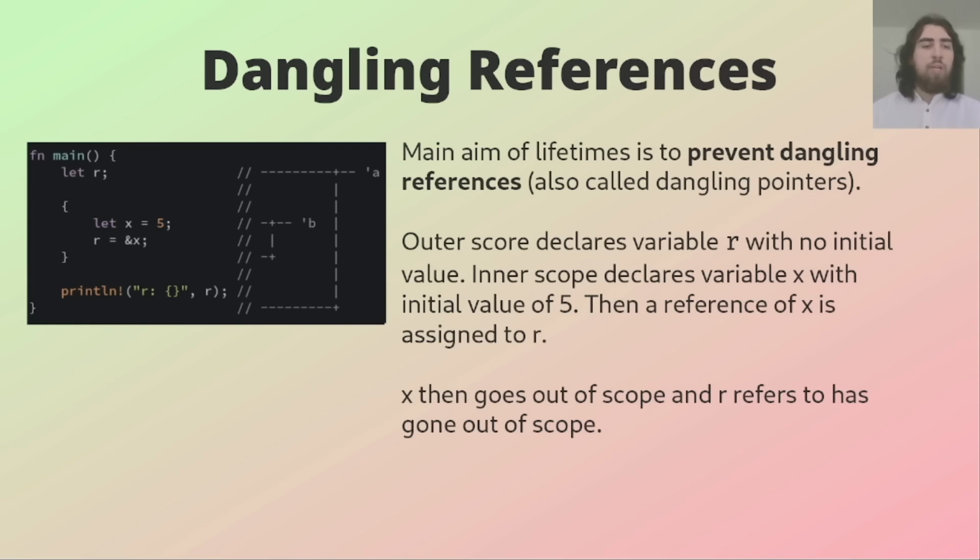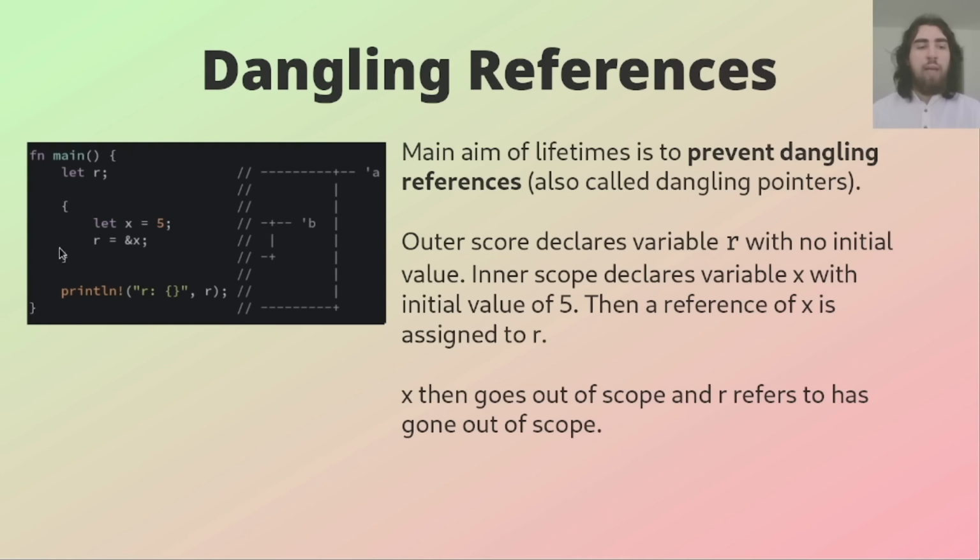So let's see, we are here in main and we declare a variable r. We don't initialize it with a value, just declare it. Meaning the compiler will infer a lifetime of a for this variable. And the lifetime a in this case is valid until the end of the main scope, right?